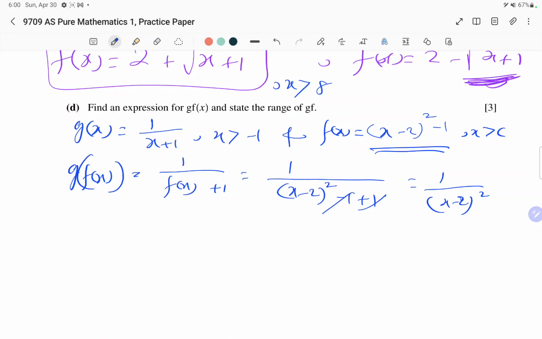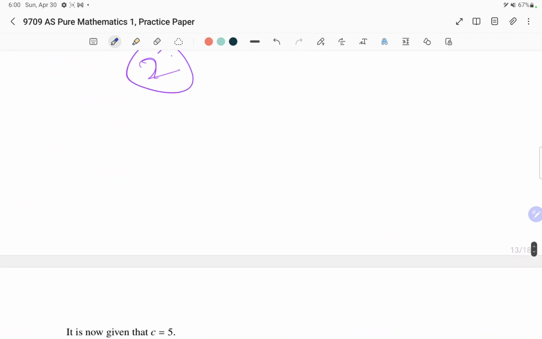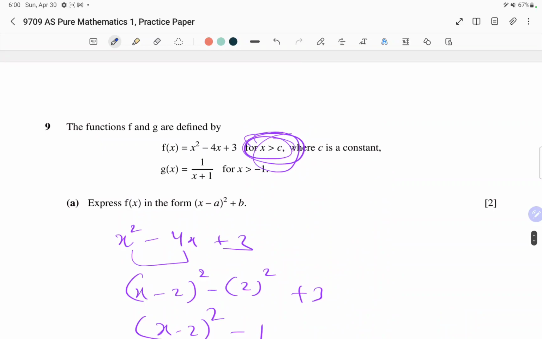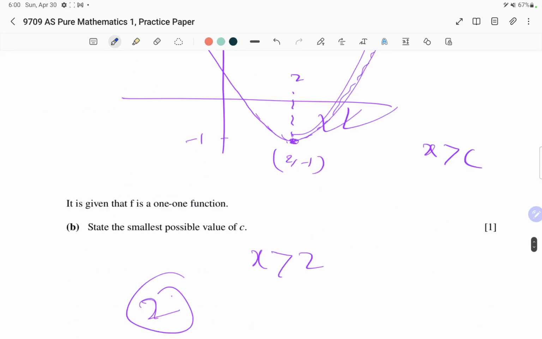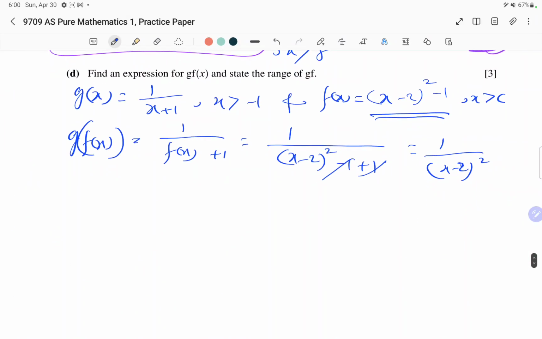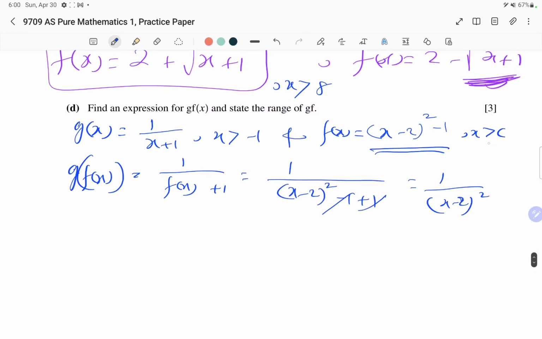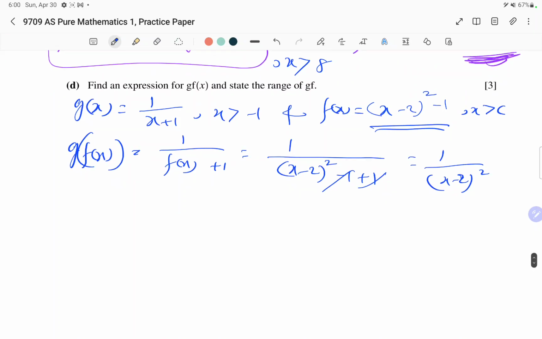But now we have to understand the domain of g of f x. So here f x is greater than c, where c is a constant. Here x can be anything, just ignore that.